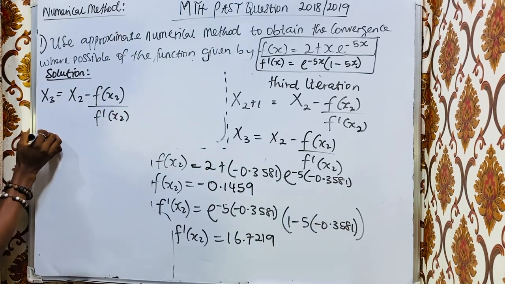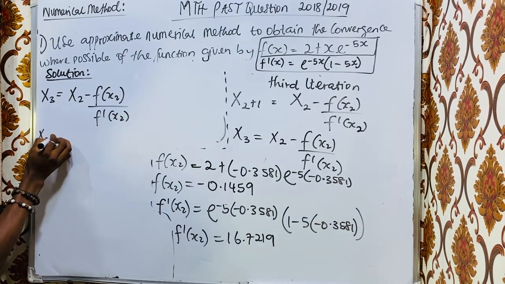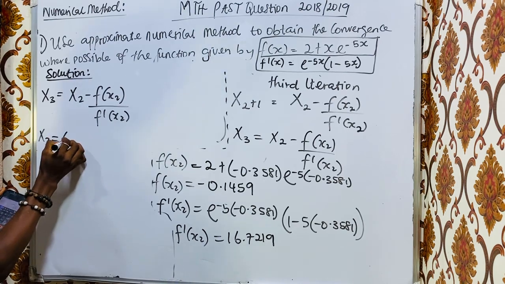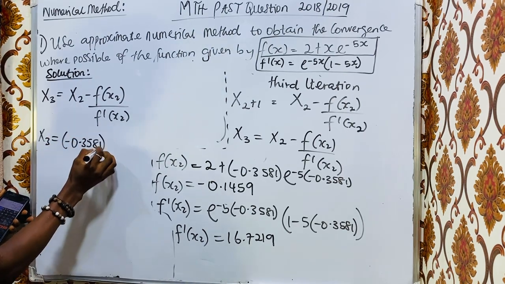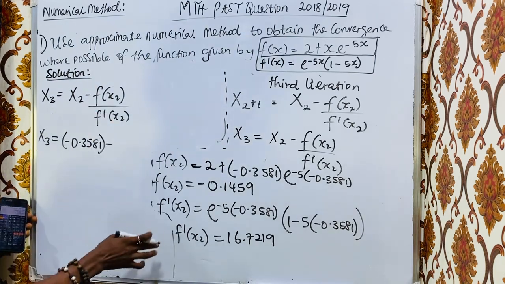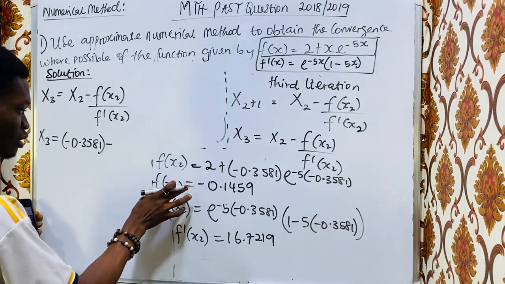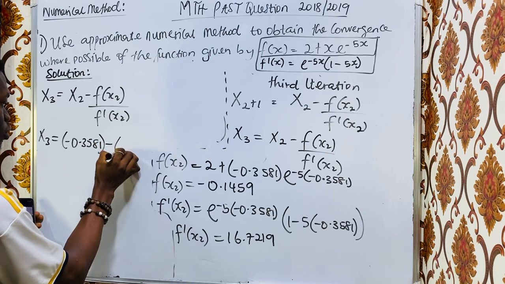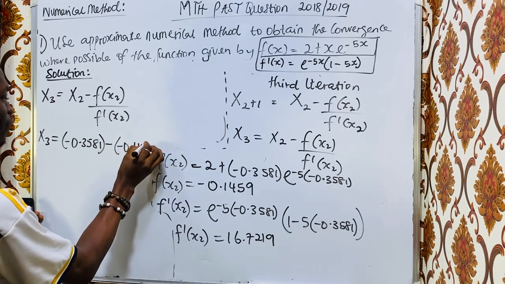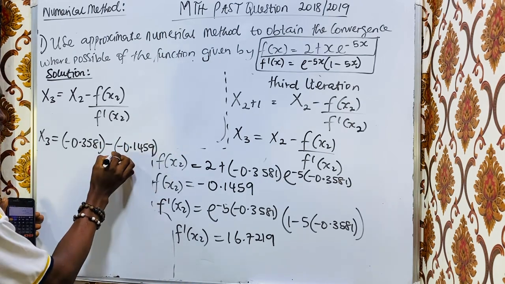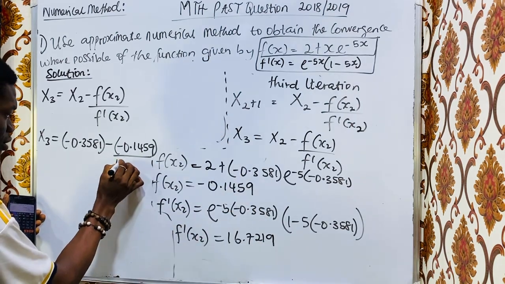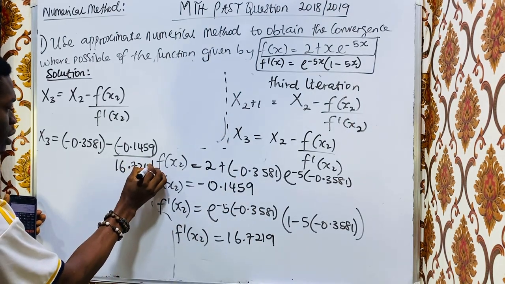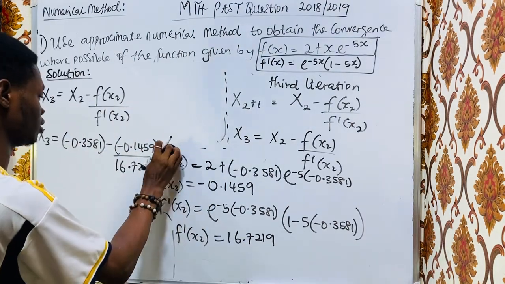So we'll be getting x3 equals x2, which is negative 0.3581, then minus f of x2, which is negative 0.1459. And f prime is 16.7219.